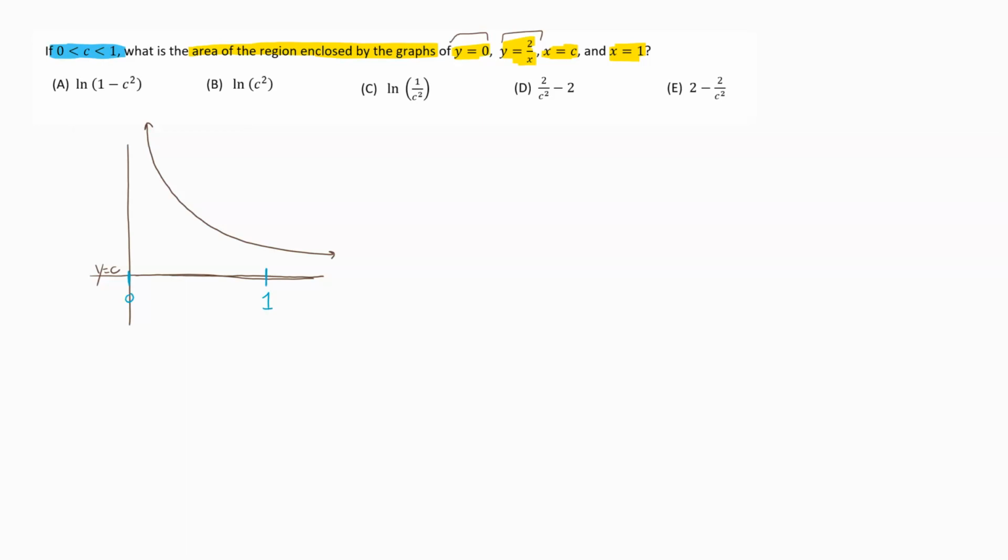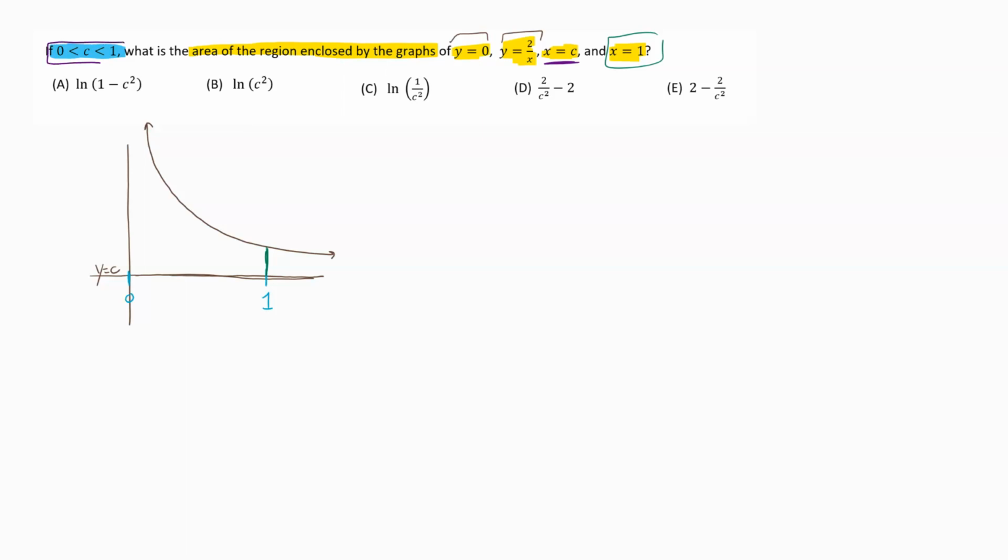And then they tell me that x equals 1, which is going to be a vertical line, that closes this region off. And from there, what they want us to do is find out what that area is. So you have in here c, right? c isn't a number, so how do I know where exactly to position c?